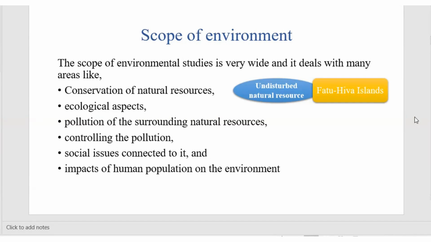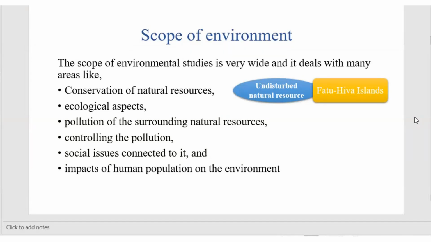And similarly, because of extreme interference, increasing demand, and increasing human population, these resources are being exploited and constantly polluted. So, pollution is something which occurs because of human interference and because of the increasing population.